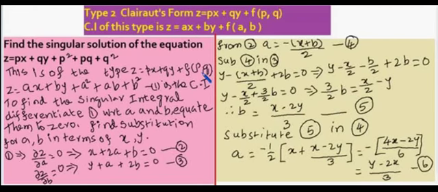For 3, the first term is y, the second term is a. For a you substitute minus of (x + b) divided by 2, plus 2b. From this, y minus x by 2 minus b by 2, and 2b minus b by 2 is 3 by 2 b, equal to 0.